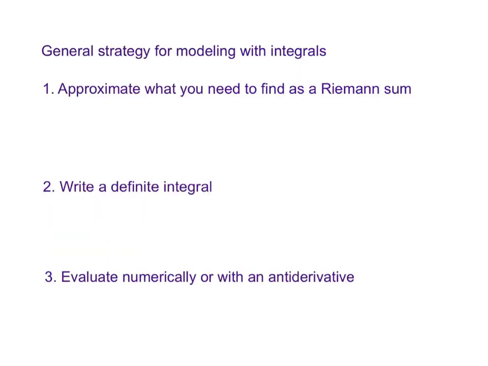So there are three general strategies for modeling with integrals. The first thing is to actually approximate what you need to find as a Riemann sum. And we remember that area is, you would find it by adding the areas of the rectangles. So you would add the area of each rectangle.